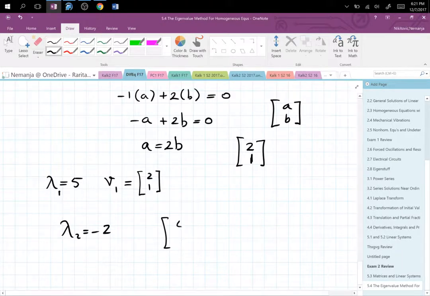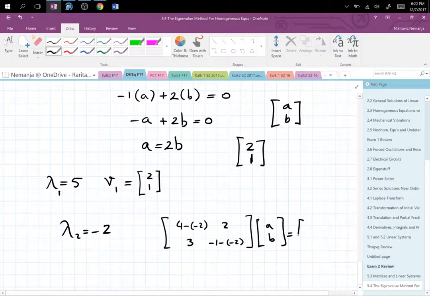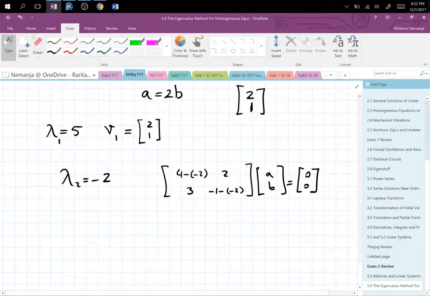So that's going to be 4 minus negative 2, and then 2, and then 3, and then negative 1 minus negative 2, times a and b equals 0, 0. Again, a and b is the unknown vector that you are looking for. So this is 6, 2, 3, and 1.